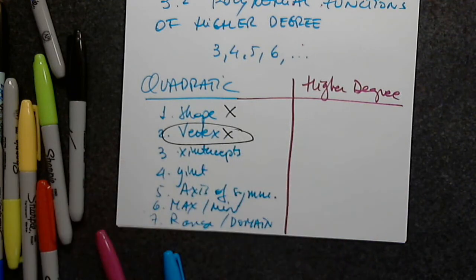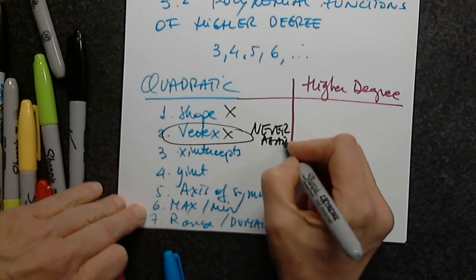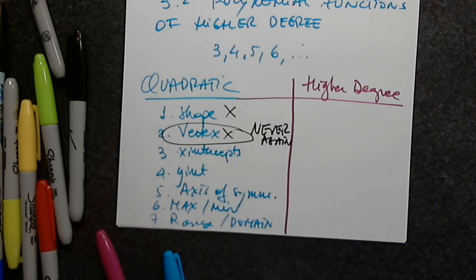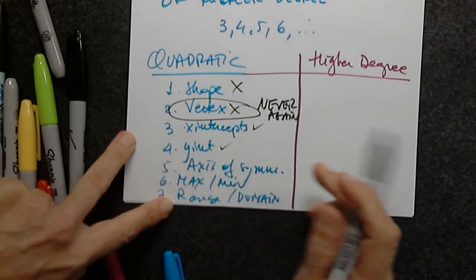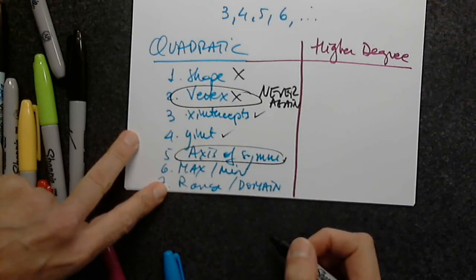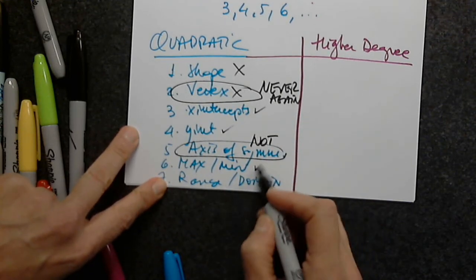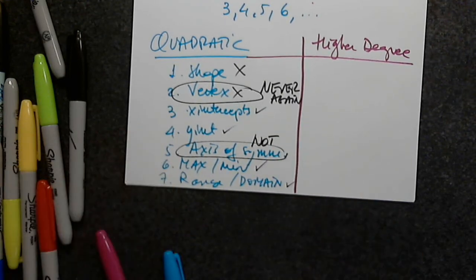When we talk about vertex, we only talk about one function, and that function is quadratic. So never again. So there is no vertex for anything else, just for the quadratic function. Of course, X-intercepts, the Y-intercept, yes. There is no axis of symmetry for any other polynomial function. Max min, yes. Range and domain, yes.